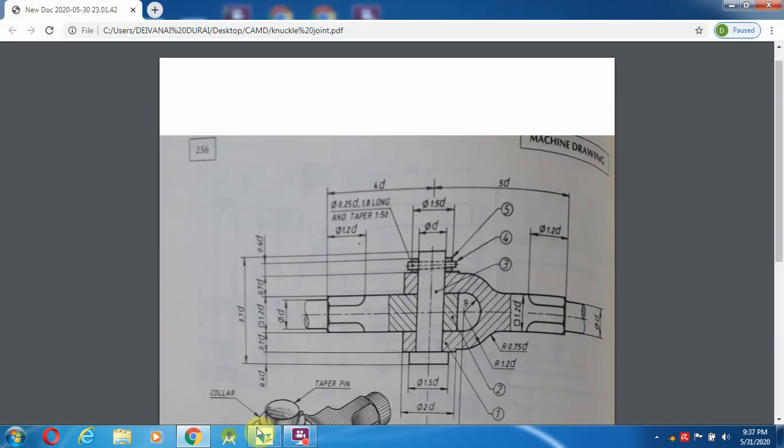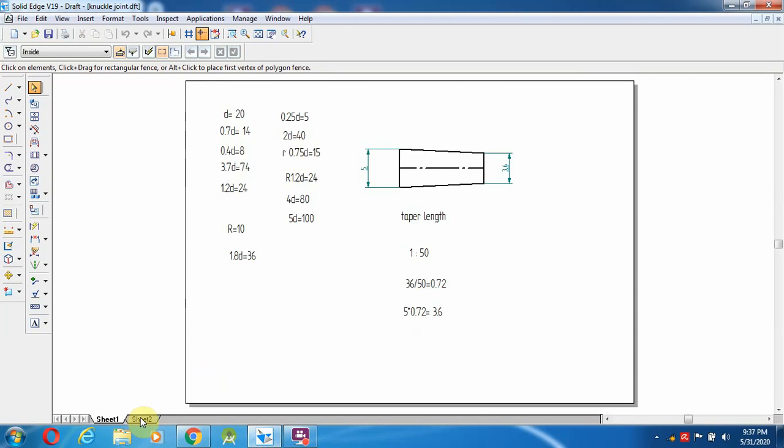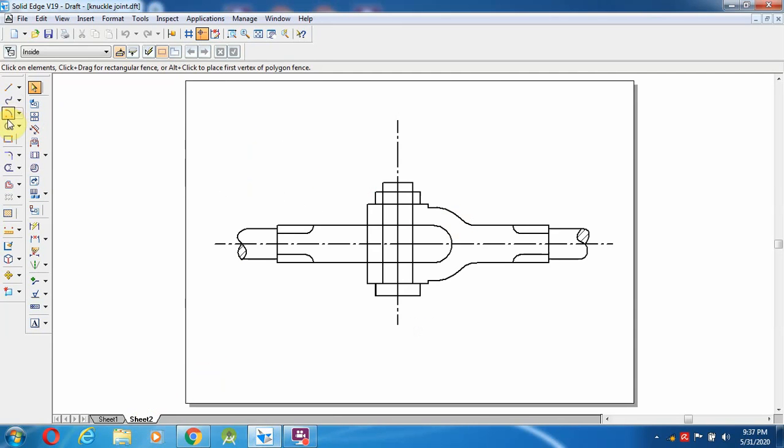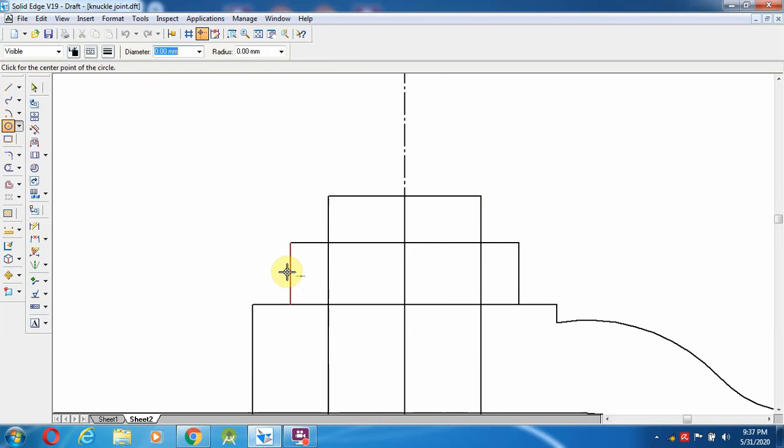So go over here, select 5 mm circle by center point. This particular area you can zoom it. So from middle 5 mm, then select a circle.